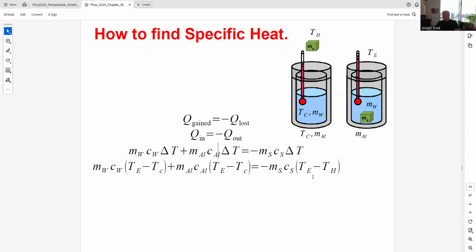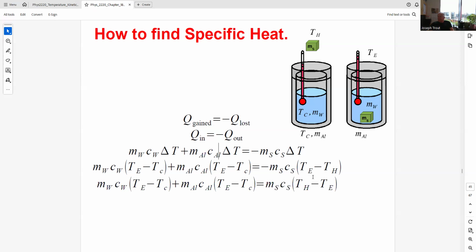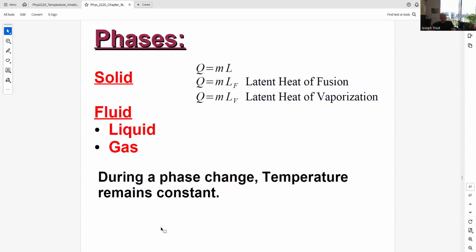And for the sample, the final temperature is equilibrium, and the initial temperature was the hot temperature. So then we do some cancellations, and we can find the specific heat of the sample. So we use conservation of energy to figure out these specific heats, and then somebody writes them up in a nice table for you to use.